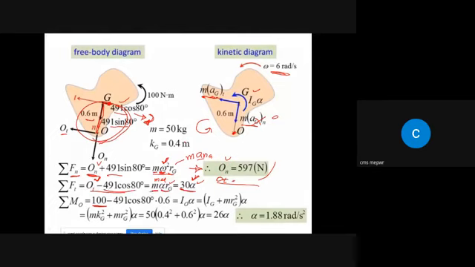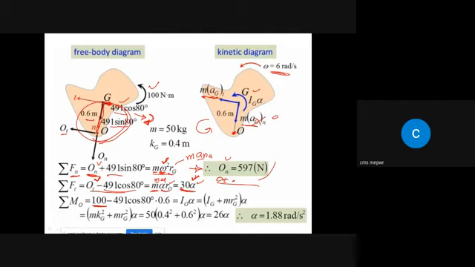And that should be equal to the acceleration produced along t direction multiplied by the mass, and that is equal to 30 alpha. Oh, sorry, I went to the wrong equation now. Here, this was basically the 100 Newton meter, and then this force 491 cos of 80.